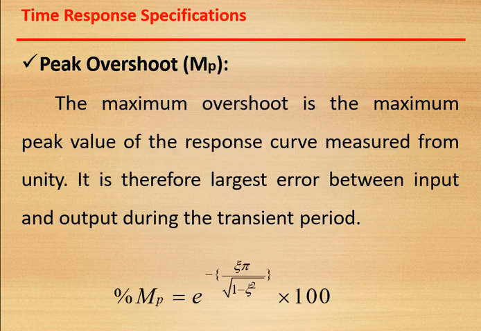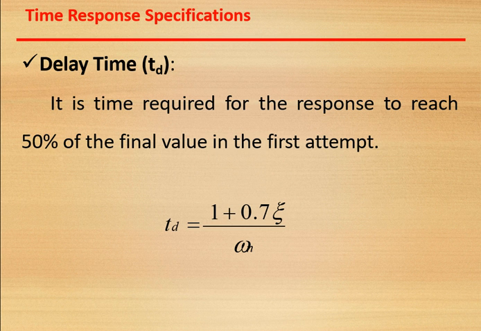So these 4 to 5 parameters you have to calculate. Sometimes they may ask you the derivation, but most of the times, more than 90% I can say, they will ask you the calculation. They will give you a system transfer function and these 4 to 5 parameters, and each parameter will have 2 marks. So it will be an 8 mark question.